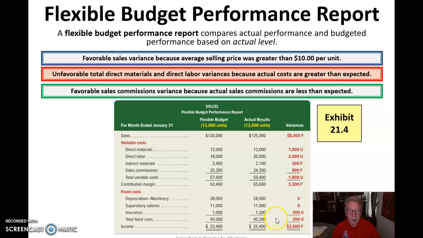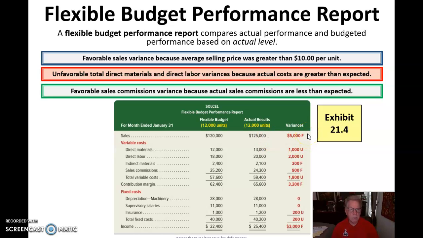But our insurance went up by $200 over what we had projected here. So it was $200 unfavorable. So when the dust all cleared, we were $3,000 favorable for this $5,000 of increased, I should say, based on 12,000 actual results.